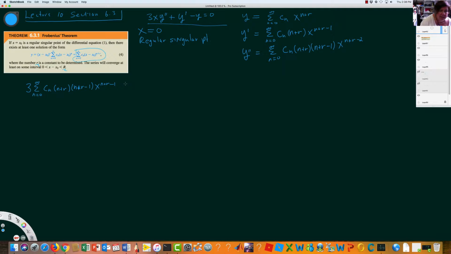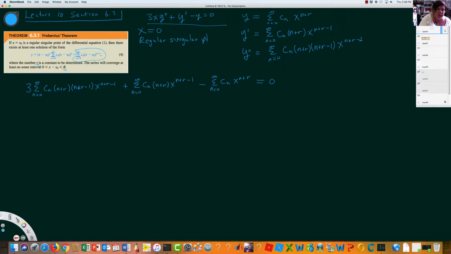Okay, and then plus, I'm going to get just the first derivative of the series, which is the sum n equals 0, Cn (n+r) x^(n+r-1). Okay, cool. And then minus the series sum n equals 0 to infinity Cn x^(n+r), right? And that's all equal to 0.